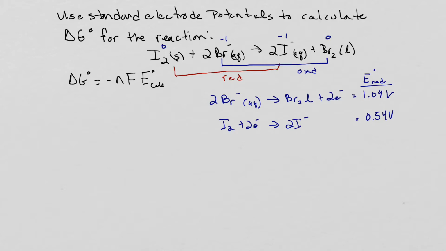You see here that our electrons cancel out. If we add these back together, of course, it would give us the equation that we have above.